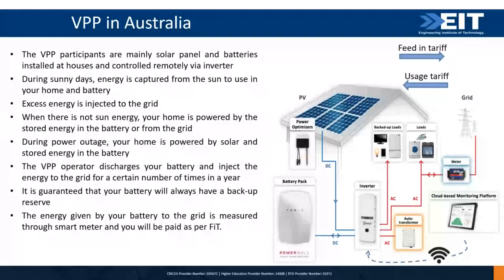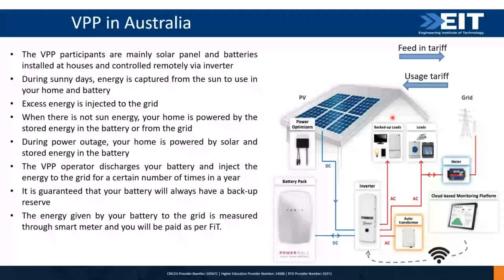Here you see that the house is physically connected to the grid through this smart meter. And the role of a smart meter is to measure how much power is sent from the house battery to the grid and how much power is sent from the grid to the house.